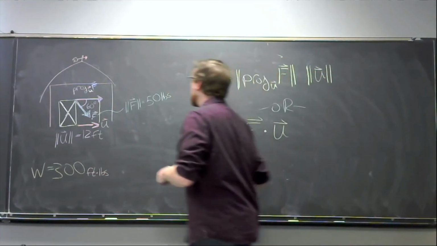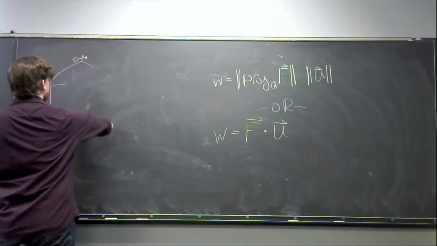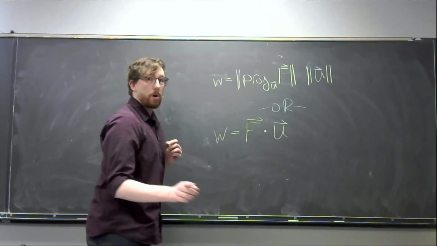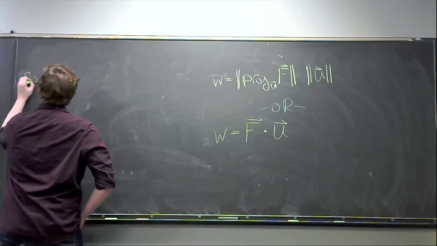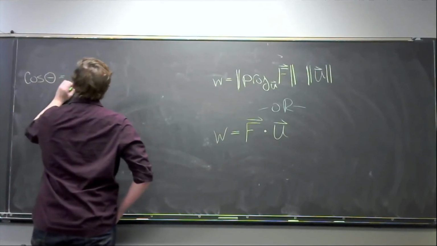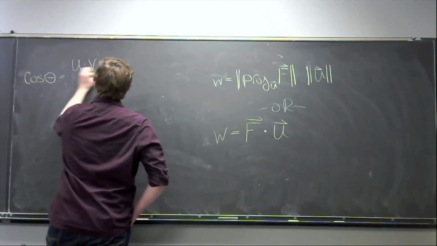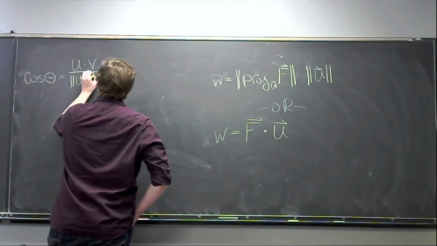And we also had that the cosine of the angle between our vectors is equal to the dot product of our vectors divided by the product of their magnitudes.